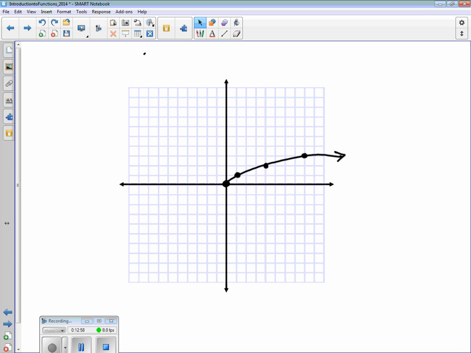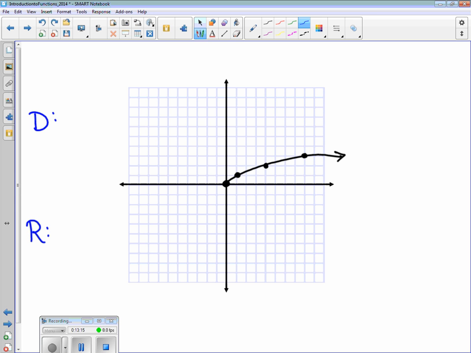Is it a function? Does it pass the vertical line test? Okay? What would be the domain and the range of this particular graph, since we know it's a function now? Let's decide what the domain is and then what the range is.